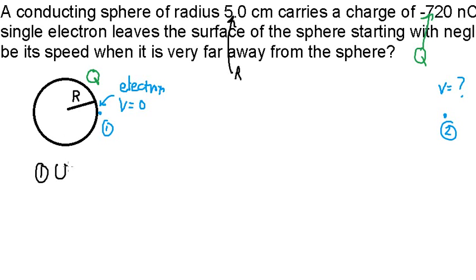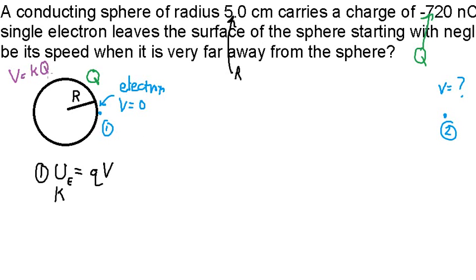The way to look at this is, in state 1 you've got potential energy and kinetic energy. The potential energy is electrostatic potential energy, that's the only kind you have, and it is equal to the charge times the voltage at this point.